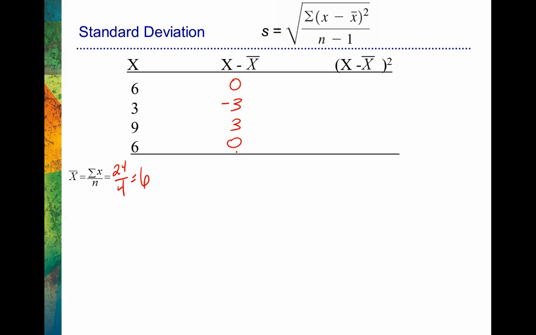This also helps you understand why we're dealing with squared values. I can't just compute an average deviation score because these deviation scores will always sum up to 0. So how can I compute an average deviation score? Let's first square them. So I'm going to square 0. That equals 0. Negative 3 squared equals 9. 3 squared equals 9. 0 squared equals 0.